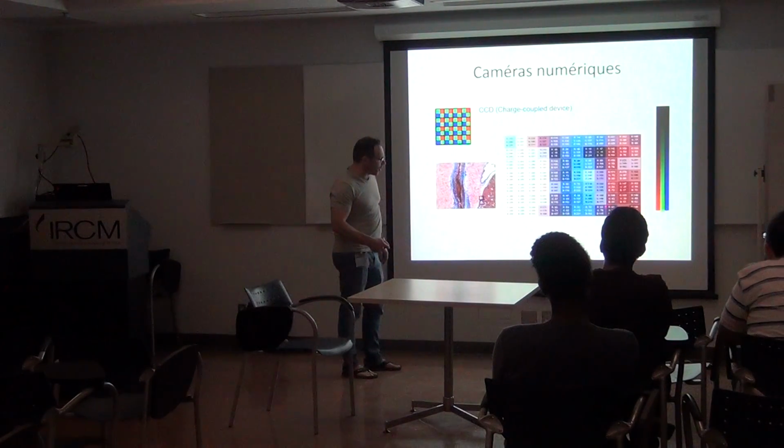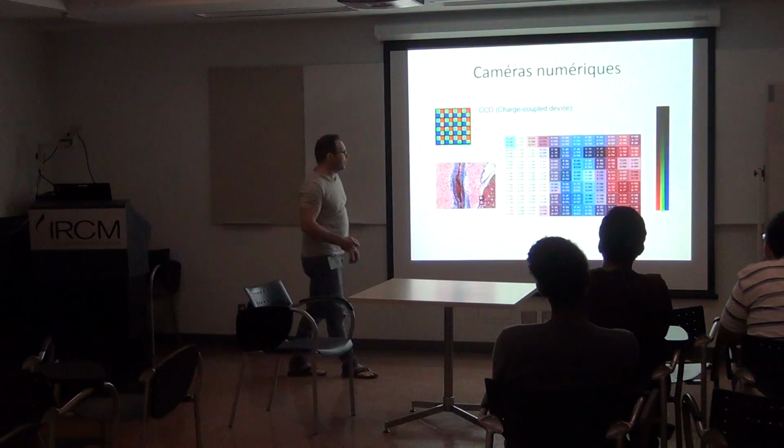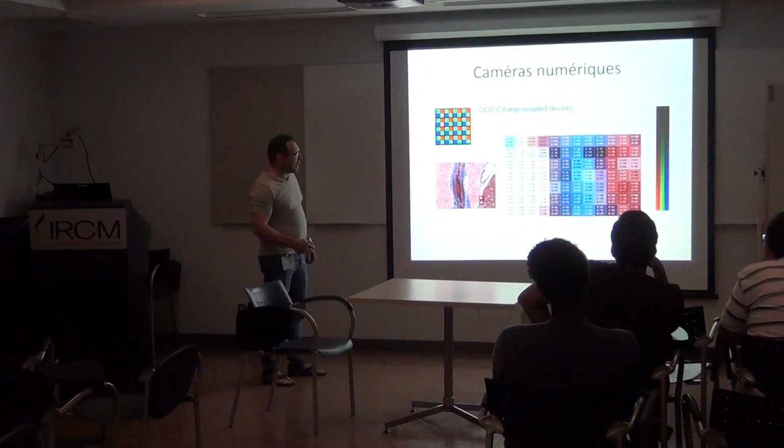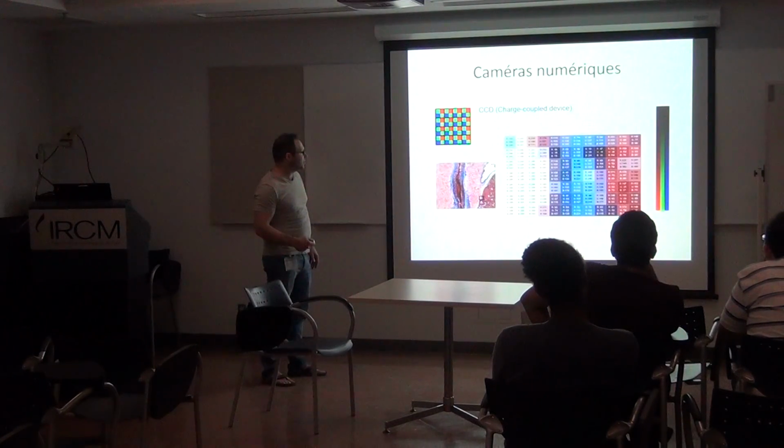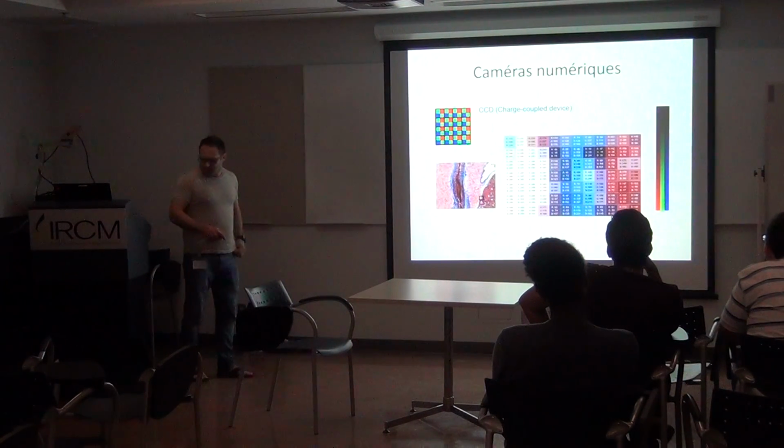Something which is darker would have low red, green, and blue components. And something red would have a greater red component. Here I don't really have green pixels, so the amount of green is always lower than something else.